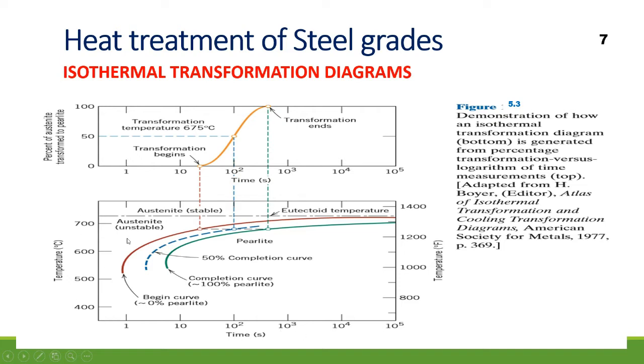So if you see carefully this graph, you will see that on the left hand side of this red color line, or the begin curve, you see austenite, and on the right hand side of this green curve, or this completion curve, you see pearlite.